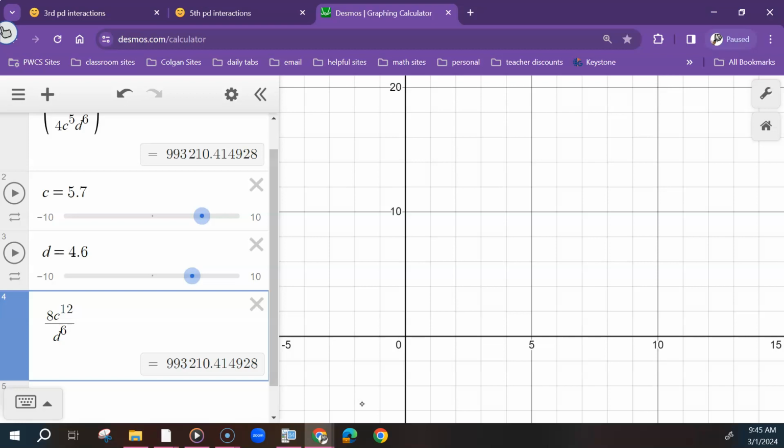You have extra practice in your notes if you want to go back to the previous SOL to try those. If you would like even more practice, I have exponent review books that just have more of the exponent rules. Feel free to grab one of those if you would like. But use this last bit to practice, and I'll have you guys put calculators and iPads away when there's like 10 or so minutes left.